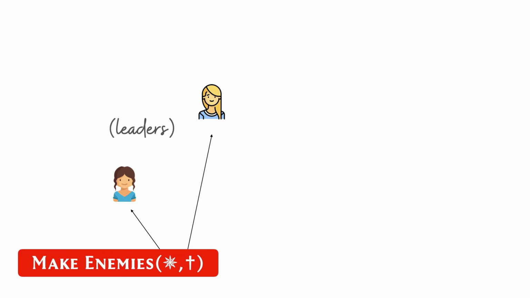Just like with make friends, when we are asked to make enemies, we will approach the leaders because those are the people between whom we want to establish the enmity. That will take care of the clusters pretty much by inference. And also, if you remember the way that we address the R enemies query, this is really all that we need to keep track of. Once again, just make sure that you handle the contradictory situations.